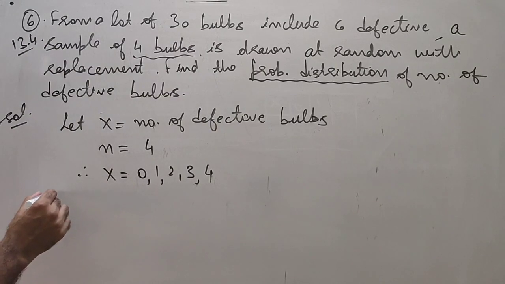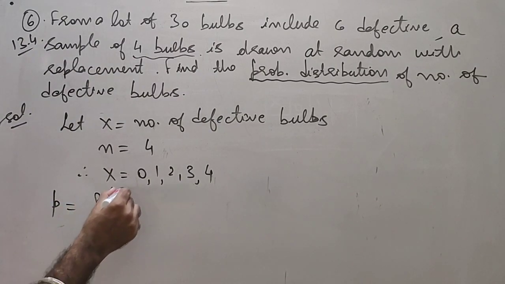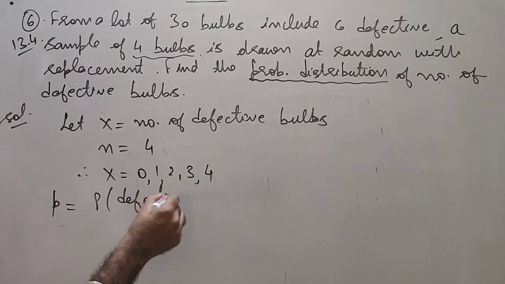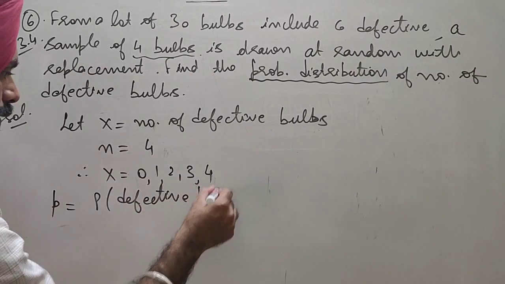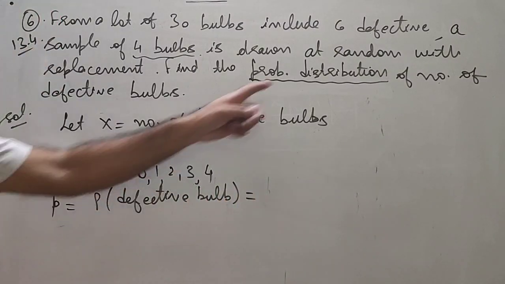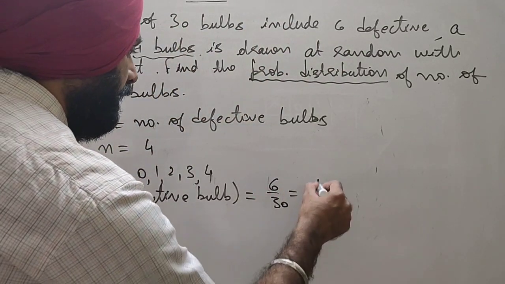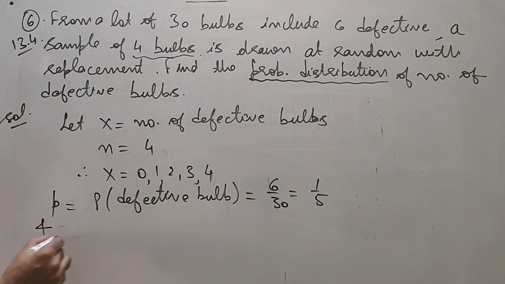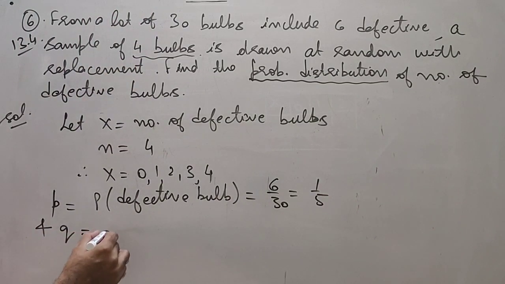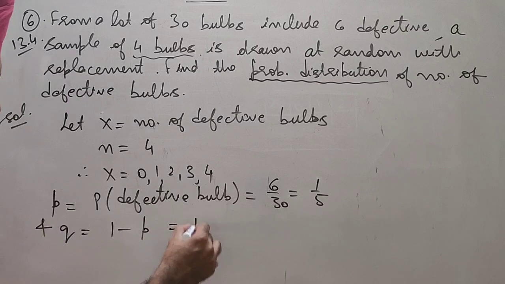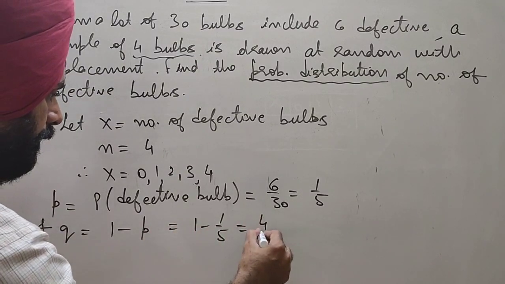So now what is p, the probability of a defective bulb? There are 6 defective bulbs out of 30, so the probability of a defective bulb is 6 by 30, that is 1 by 5. And what is q, the probability of not defective? That is 1 minus p, that is 1 minus 1 by 5, so it is 4 by 5.